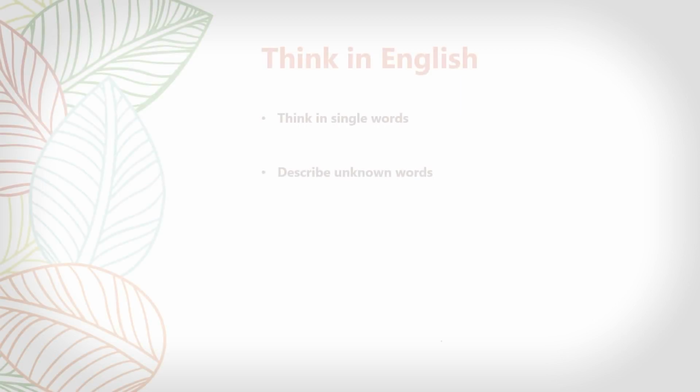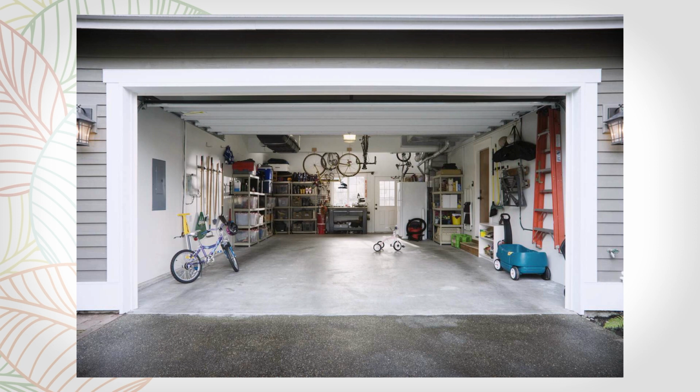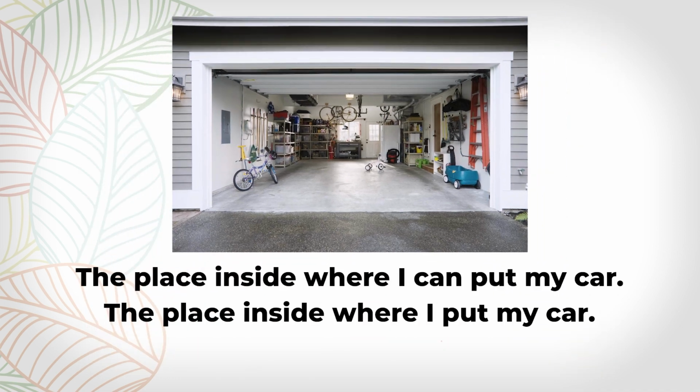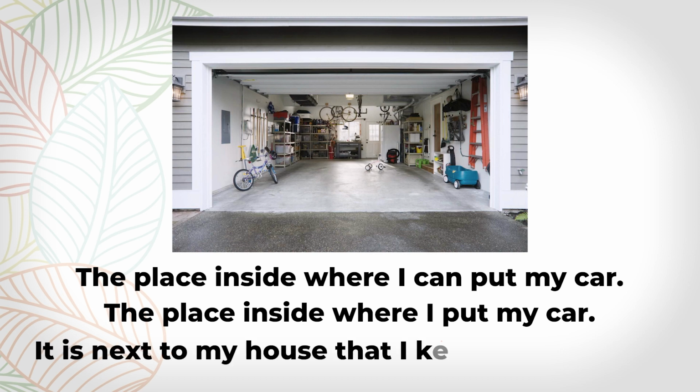For example, there is a word called garage, and if you are looking at your house and you see your garage but you can't think of the name in English, at that time you can use an analogy like "the place inside where I can put my car," or "the place inside where I put my car," or you can say "it is next to my house, I keep things there." So it is related to the garage, but at that time you are not remembering that word, so that's why you use that analogy to remember or to compare the object or the place. And you can use shorter phrases like "it is similar to" or "it is the opposite of."